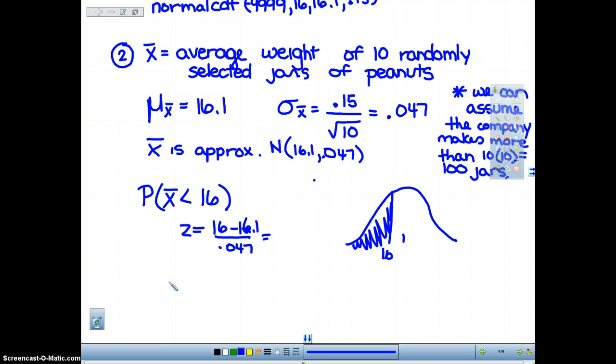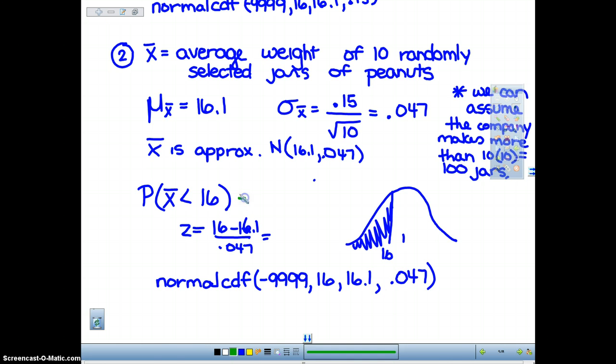And I can then either use table A or again I can use normal CDF and say negative 9999 comma 16 comma 16.1, which is my mean, comma my standard deviation, which is 0.047. And that is going to give me a value of 0.017, or somewhere very close to it.